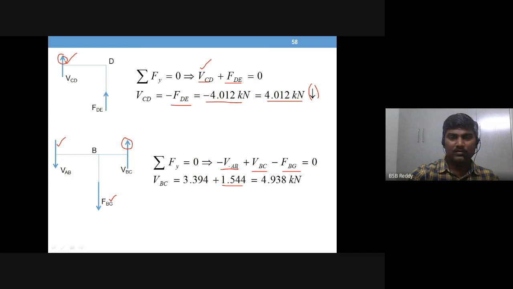Right, so you want VBC, it goes to 938. So the VBC direction, whatever is assumed, is correct because it is a positive value.